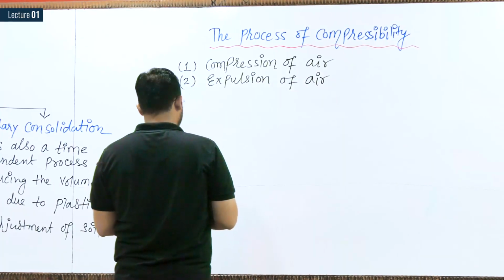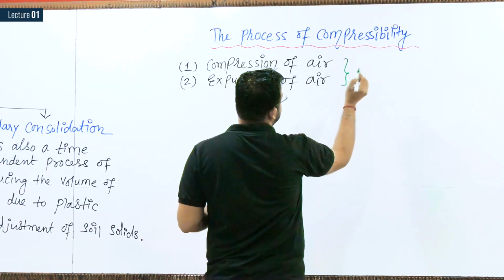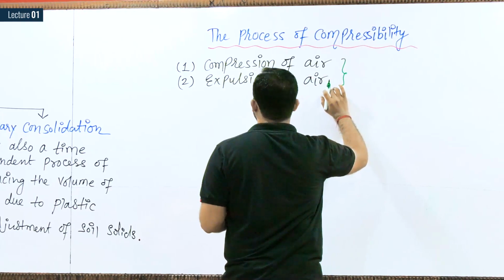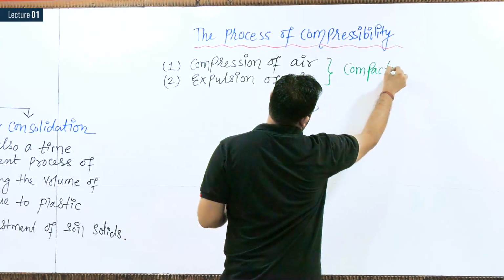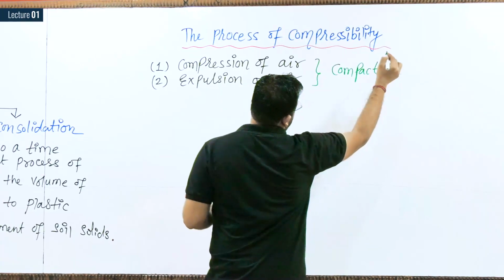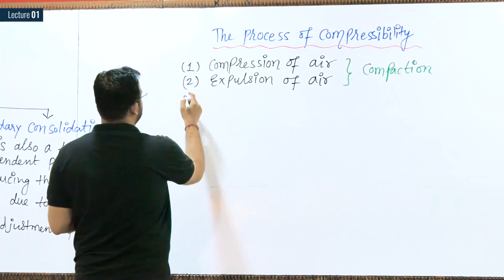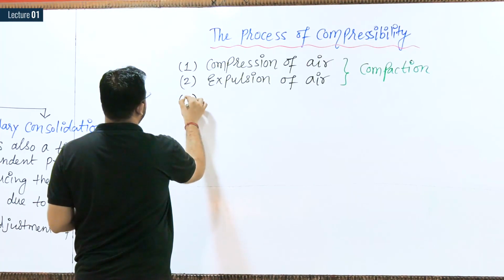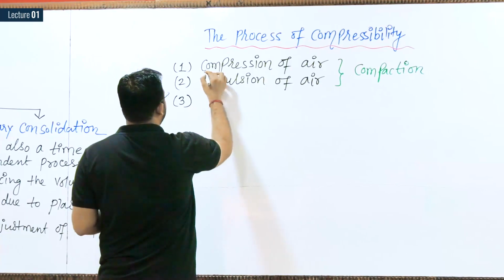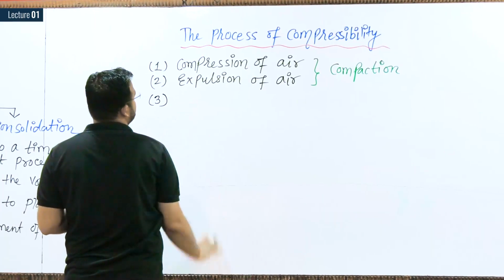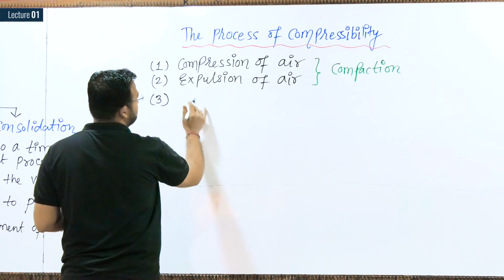So these two stages are called compaction. So first the compaction is done. Now the next step in the soil will be, you continue your loading on the system, then the next term comes for the water.